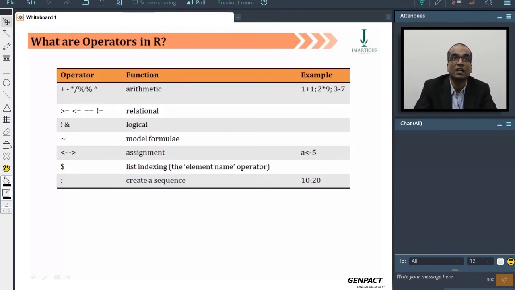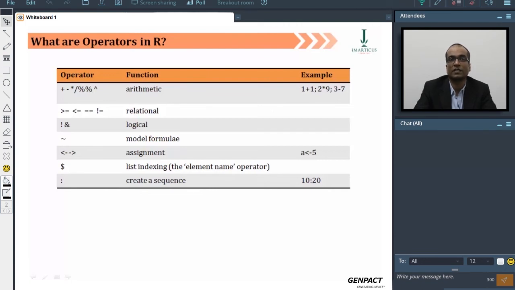Then for an operator which signifies a model formula, we'll be using the tilde sign, which is on the extreme left of your keyboard. And the assignment operator, the less than dash, can also be written as dash greater than, which means you're assigning something on the left to the right, but preferably you should use the previous notation. The dollar is used as a list separator.